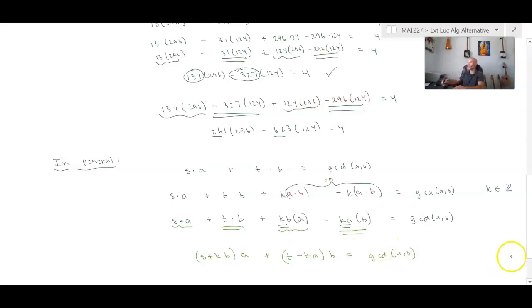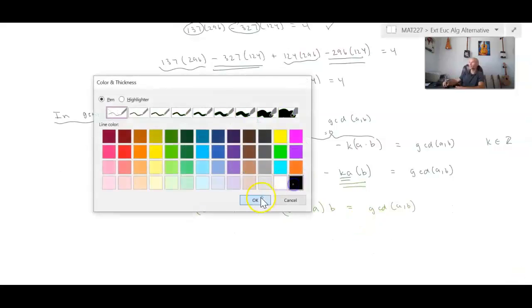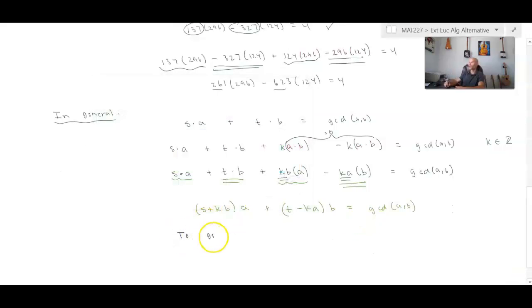Okay, so what's the takeaway here? To generate solutions, first find S and T by the extended Euclidean algorithm.